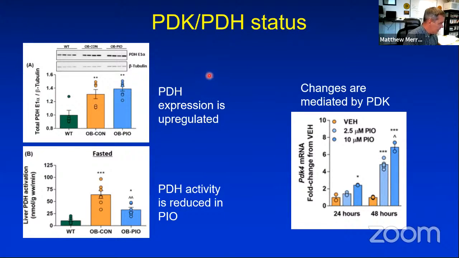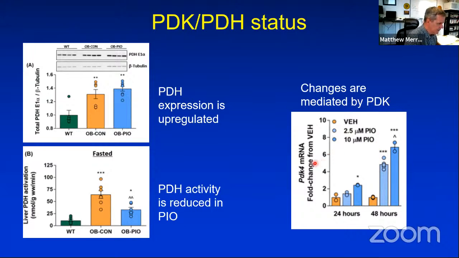Now, if we step back and we look at PDH expression and activity, you'll see that PDH expression is actually up in the OB control and the OBPO, but the PDH activity is significantly reduced. And it turns out that that is simply being mediated by the kinase.